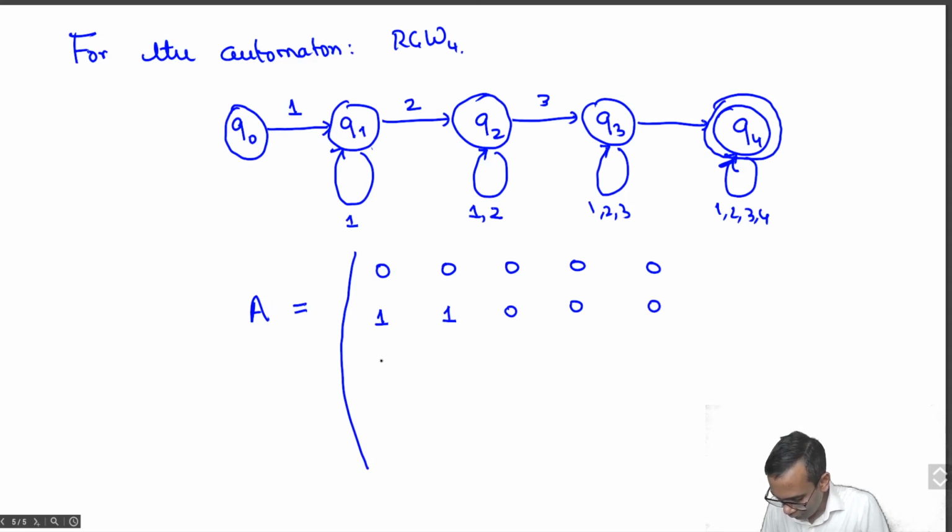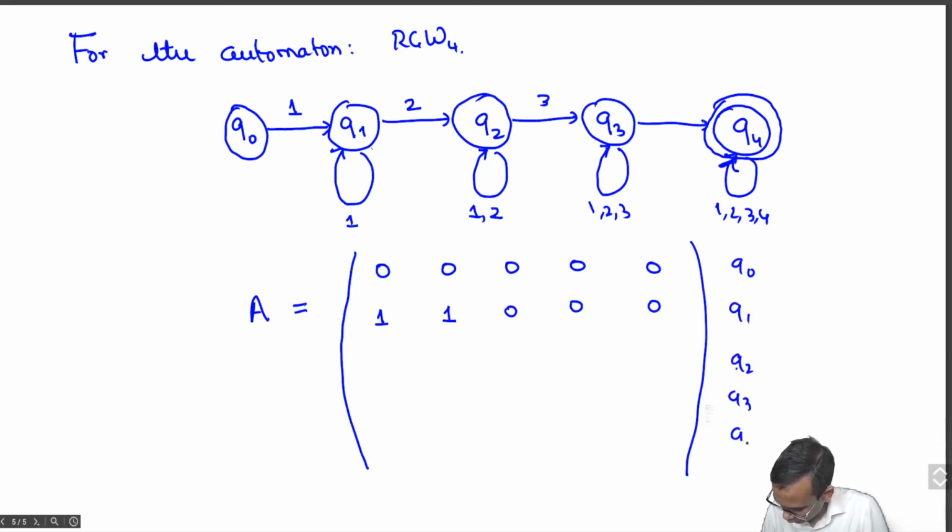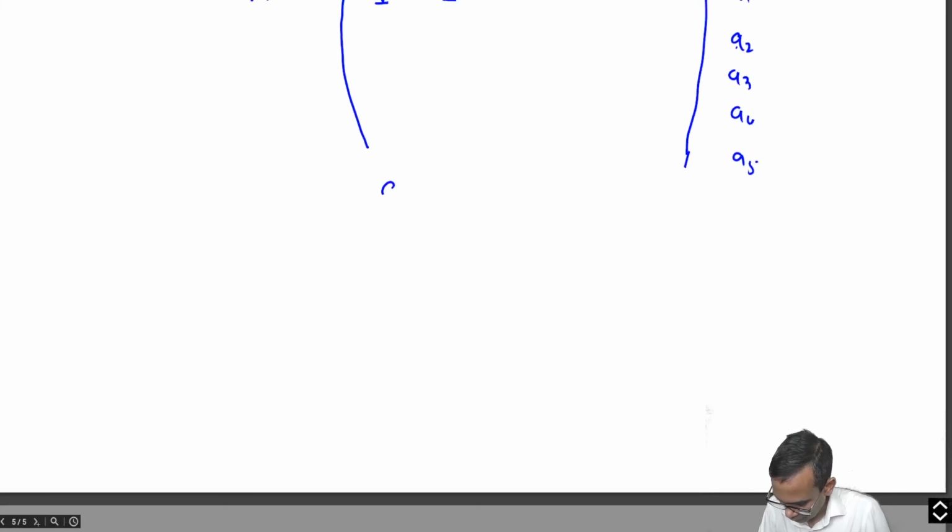Let me just index these rows and columns: the rows are indexed Q0, Q1, Q2, Q3, Q4, Q5, and similarly the columns are indexed Q0, Q1, Q2, Q3, Q4, Q5.